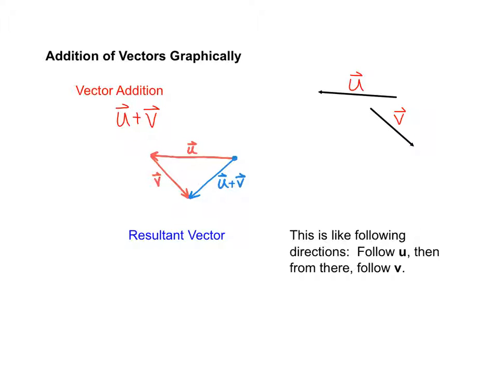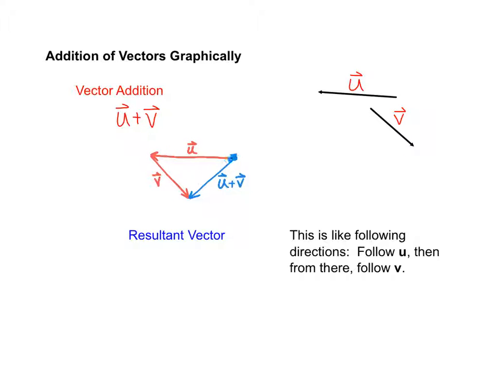But this could also be something like this. Let's say that there was a river flowing with this velocity, and we were trying to swim this direction. Okay? Well, just because we're trying to swim this direction doesn't mean that our body is actually going to go that way, right?